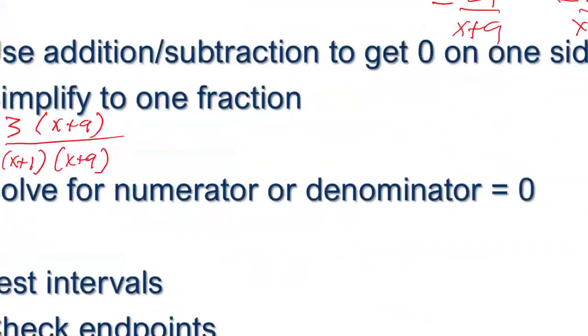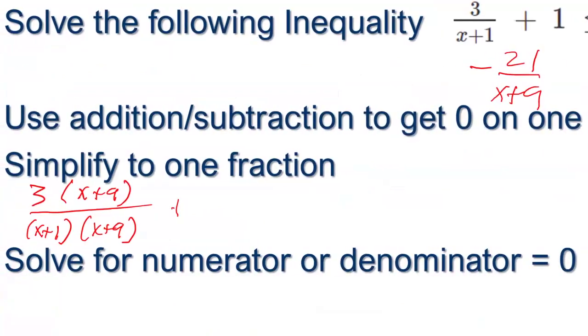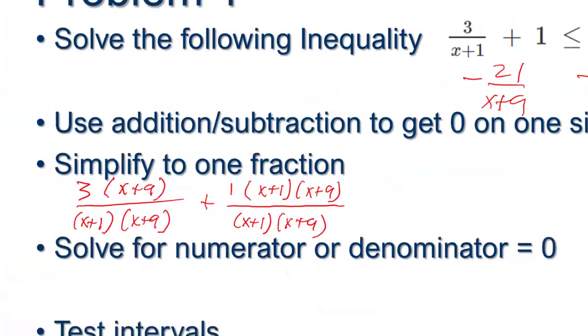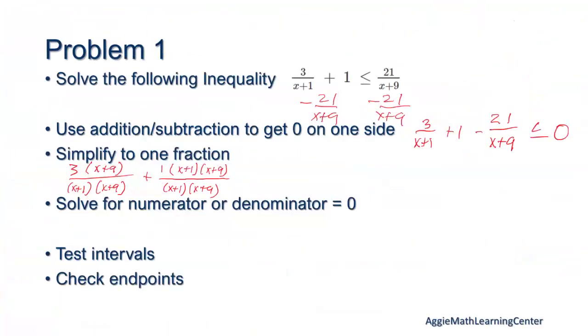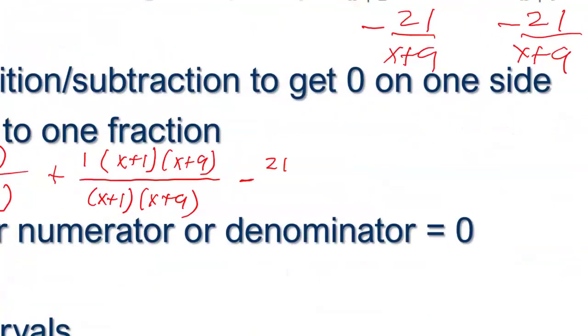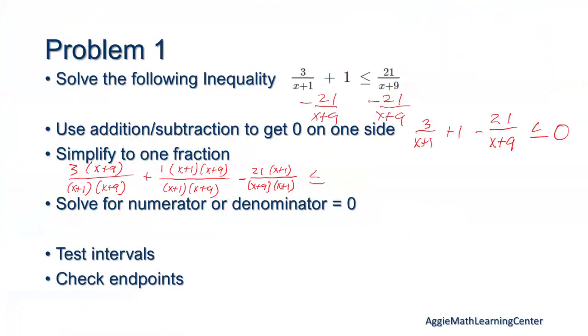Then you have minus 21 over x plus 9, and we need to multiply by an x plus 1 in both the numerator and the denominator. And then that's all less than or equal to 0.